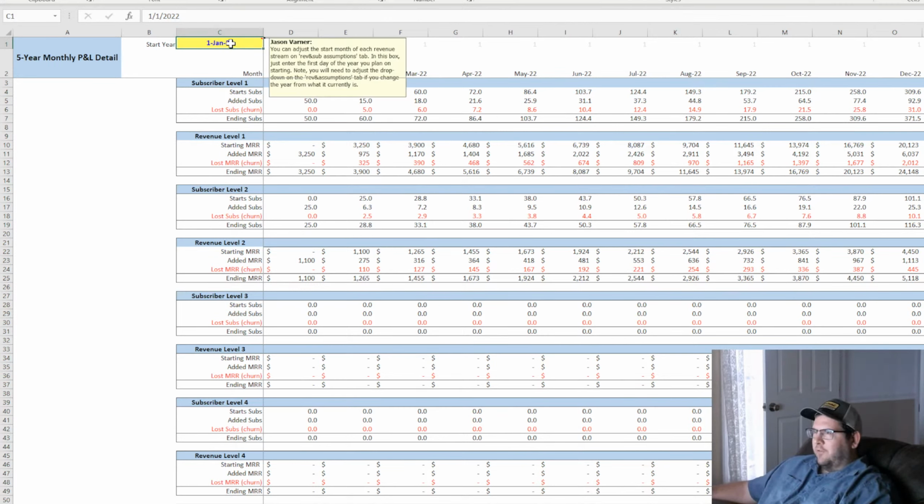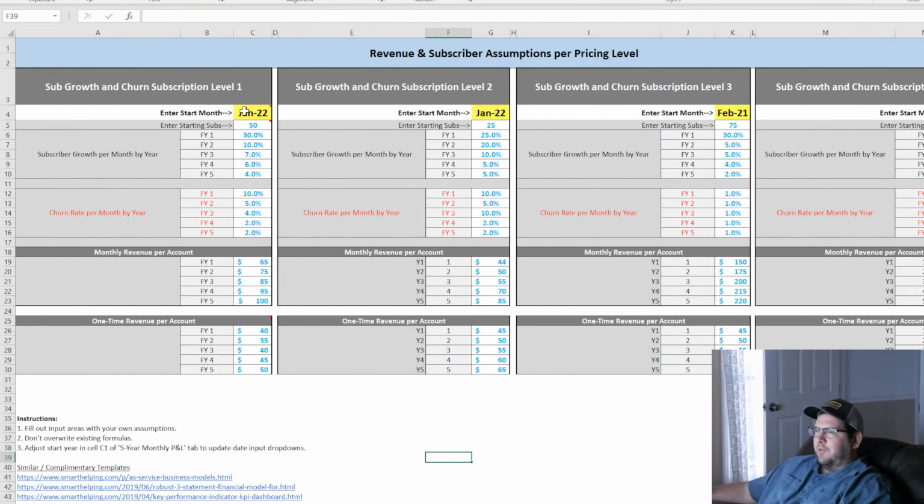And you should change that to your 1/1/2022 so that the model will start in your 2022 instead of 2021. And then when you do that, the drop downs will update on the user assumptions tab automatically, so you can select your month in November.